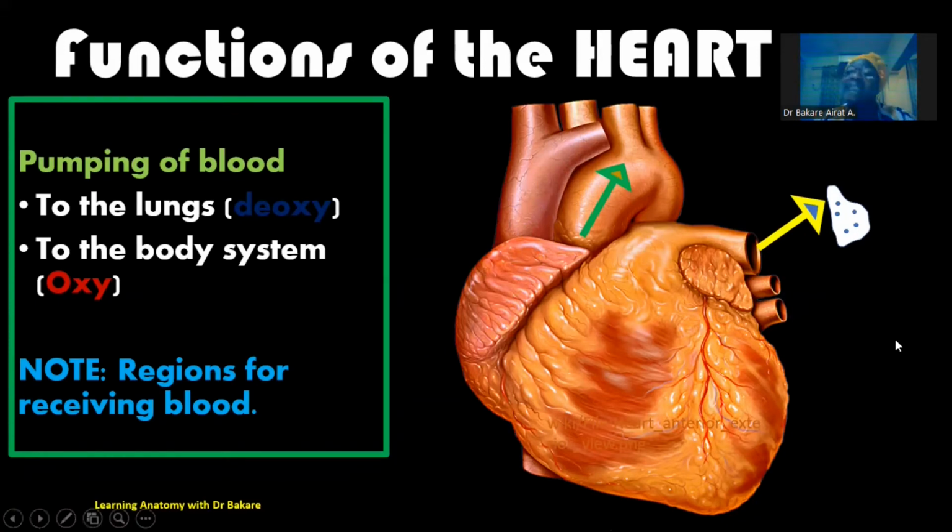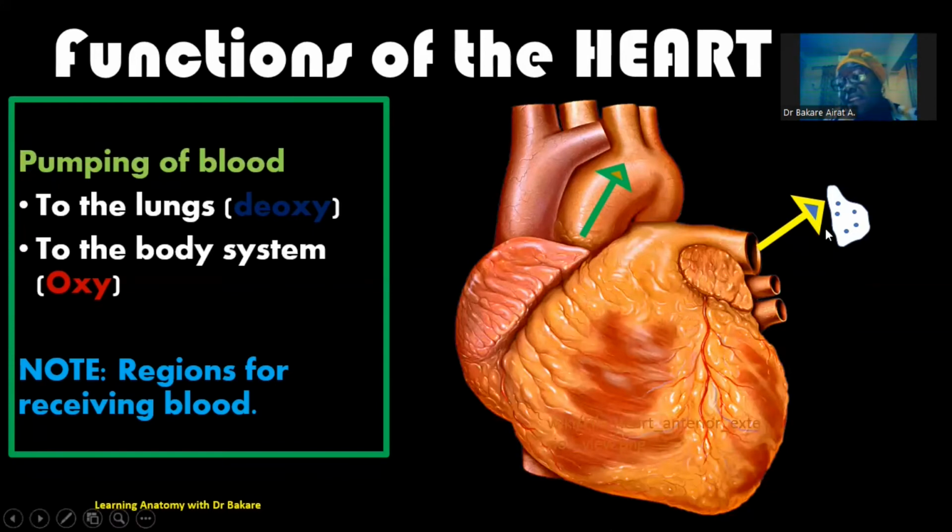Then we also have another region of the heart where oxygenated blood is being received. Remember, we talked about deoxygenated blood being in the right side of the heart and being taken up by the pulmonary artery to the lungs where it will be oxygenated. After it is oxygenated, it will be taken back into the heart through the pulmonary vein. We also know that all veins carry deoxygenated blood except the pulmonary vein that carries oxygenated blood.